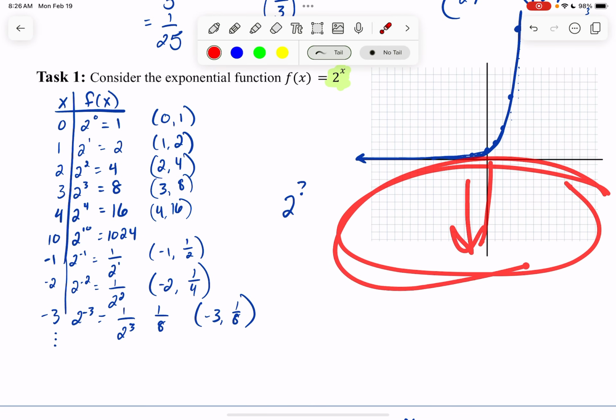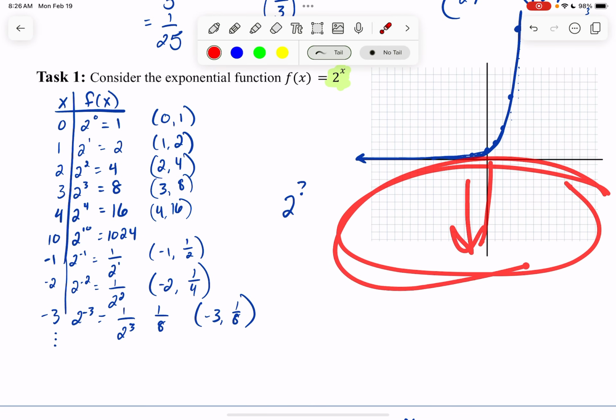3 times 2 to the second. That would be 3 times 4, 12. So (2, 12). 3 times 2 to the third. That would be 3 times 8, 24.